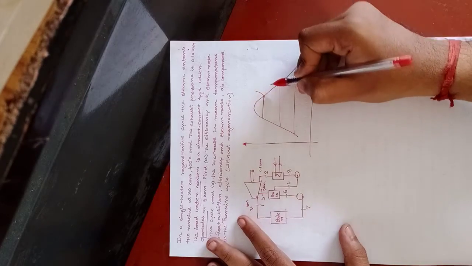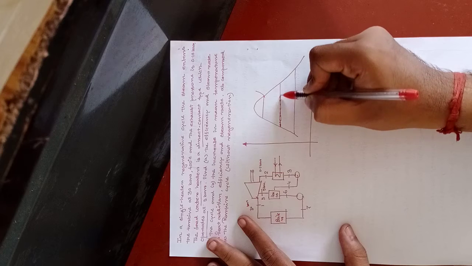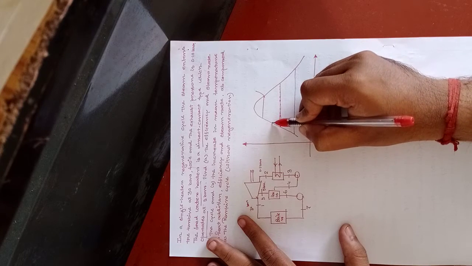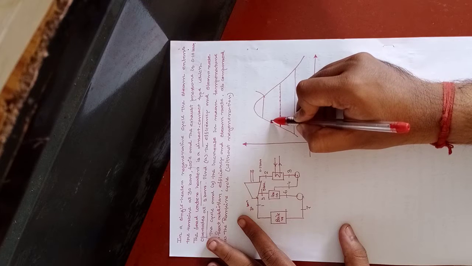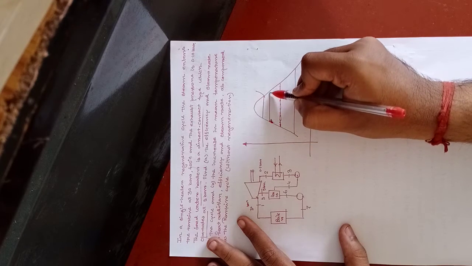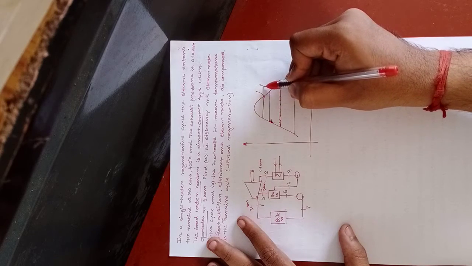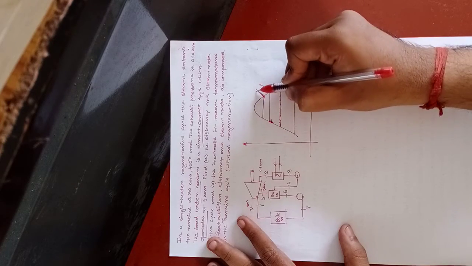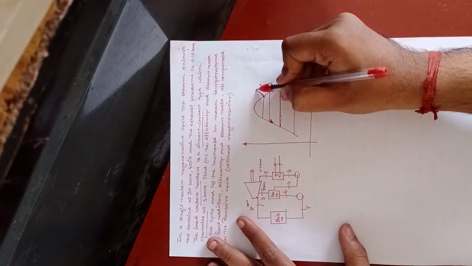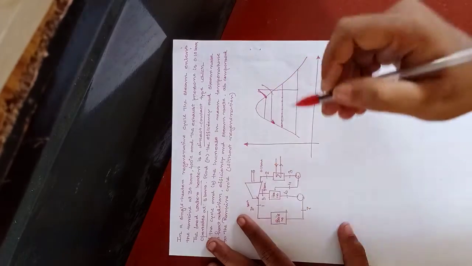Sorry, I have to draw this a little bit higher. It is 5 bar, like this. So it is going like this. Now the expansion happens, so it will fall straight down like this.